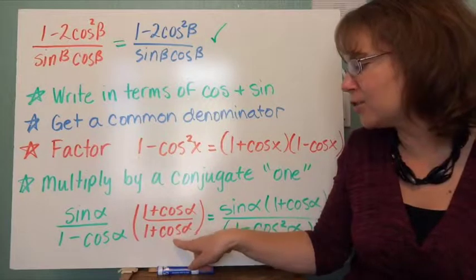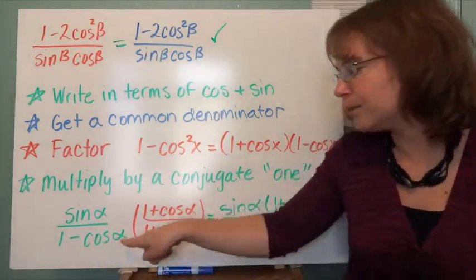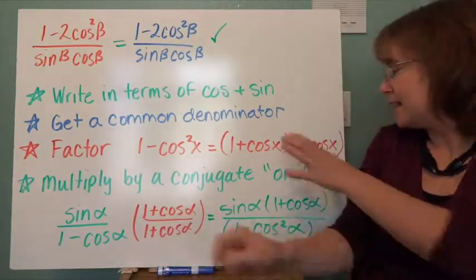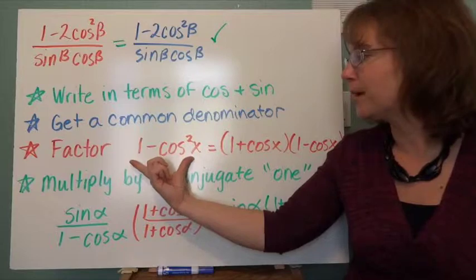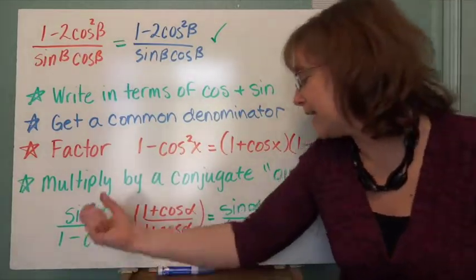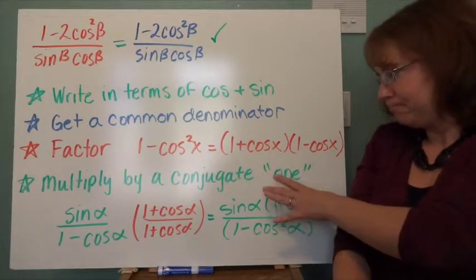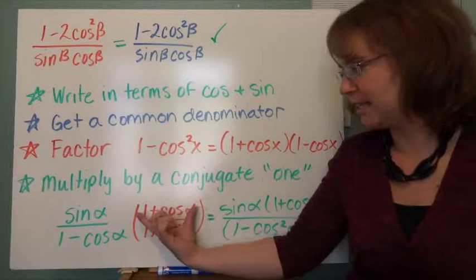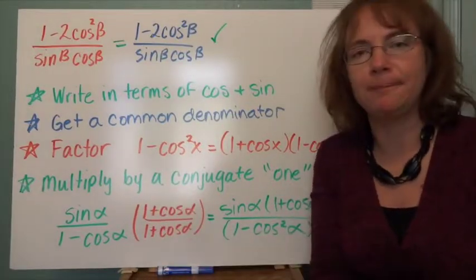So 1 plus cosine of alpha over 1 plus cosine of alpha, because when we multiply this, notice that this multiplies together to give me 1 minus cosine squared of alpha right here. You still have this 1 plus cosine of alpha in the numerator though. It doesn't just go away. You have to multiply by a 1.